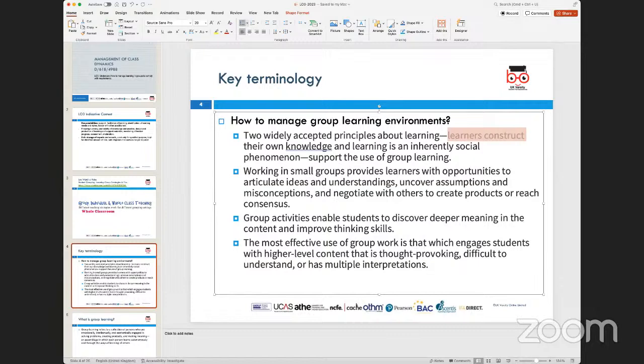So when we talk about learners developing knowledge and skills by their own learning, that is the concept of constructivism, which is primarily a learning theory that states that when learners are put together in groups, they actively construct their own understanding of the world rather than passively receiving information.